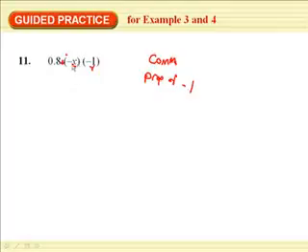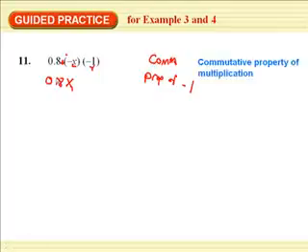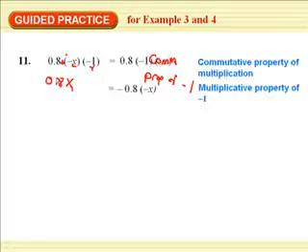So negative 1 times negative x is positive x, times 0.8 is just 0.8x. They did the same thing, maybe a little differently, but we came up with the same answer. Check it out. 0.8x. Okay, number 12. Last one in this.